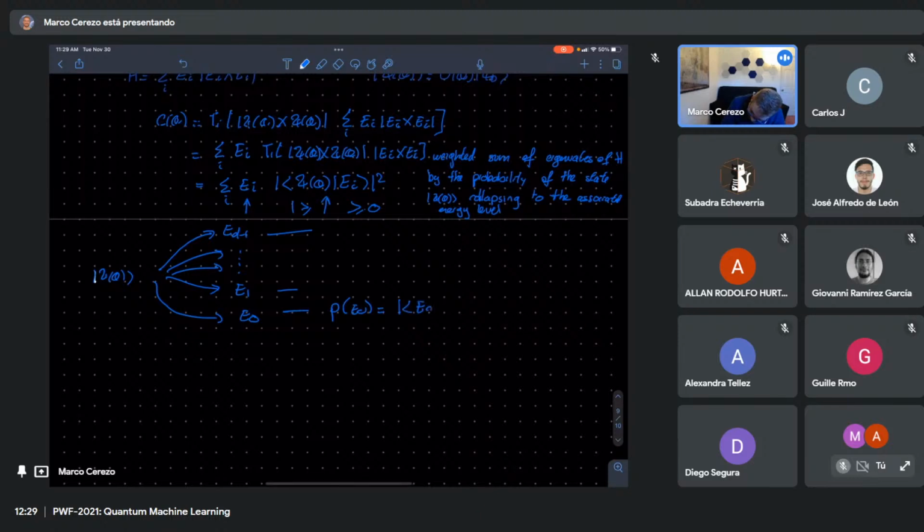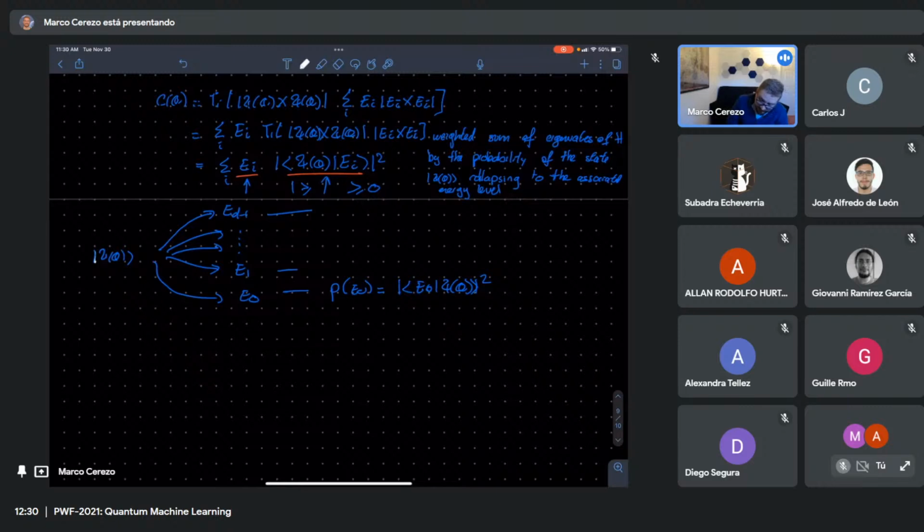And let me just change the order to keep the convention that we've been using. So this is the probability, and this is the energy level. So I have a given probability that my state is in each one of those energy levels. Okay, thank you.